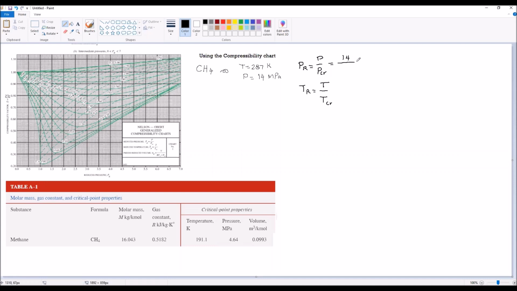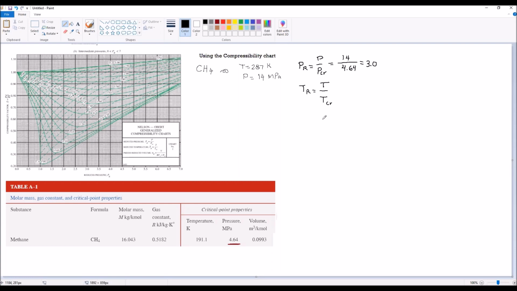I'm not going to convert it into kilopascals because critical pressure in table A-1 is given in megapascals as well. Looking at the critical pressure for methane, it is 4.64 megapascals. So the answer will be approximately 3.